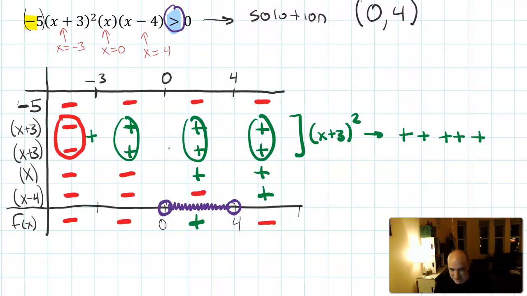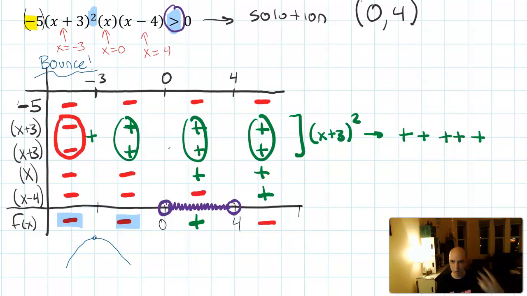Additionally, if you think about the polynomial graph of this, I don't feel like graphing this today, but if you did, we would notice that this has a multiplicity of 2 here, which we would say makes the graph bounce. Well, what is a bounce? It means the graph didn't change sign. And look at what happened in the sign chart. We were negative, we hit 0, and then stayed negative. That's a bounce.